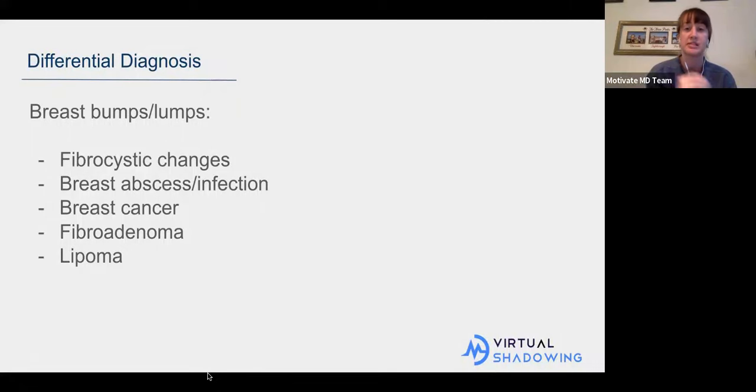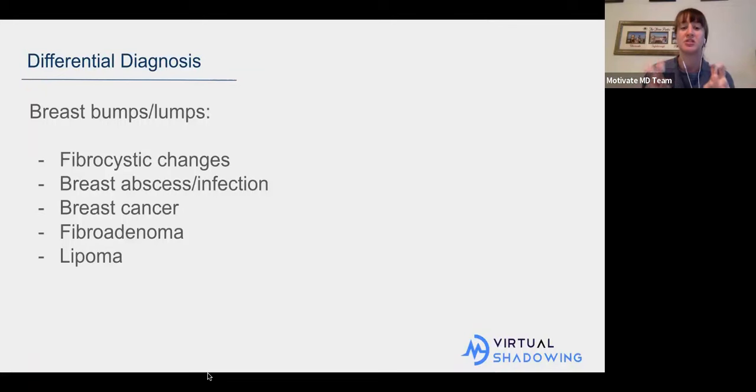So, fibrocystic changes is a very fancy way of saying that when a woman is going through her menstrual cycle, at certain points during the cycle, based on her hormone levels, her breast tissue will become more edematous, so it will enlarge and can be more tender.